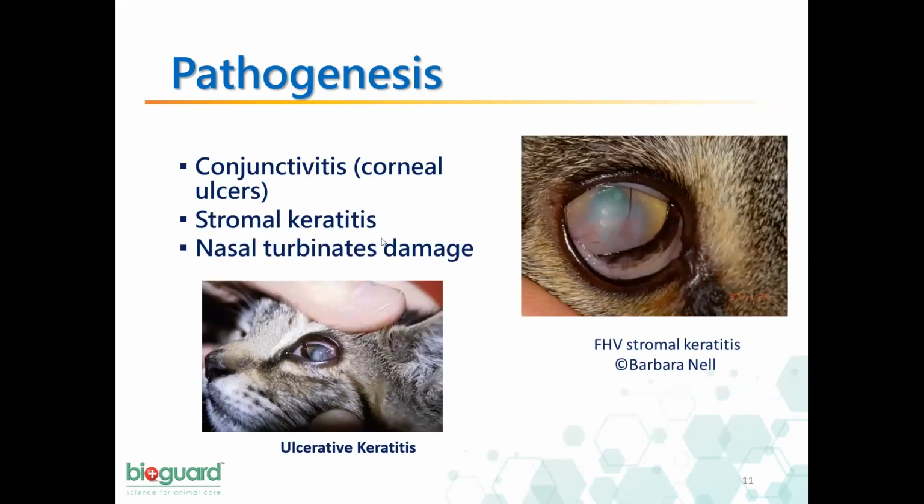So you can see some examples where the chronic infections will cause conjunctivitis, corneal ulcers, and also stromal keratitis and nasal tube damage. Here I have some examples from previous studies where you can see corneal ulcers in the first picture and stromal keratitis in the second picture.